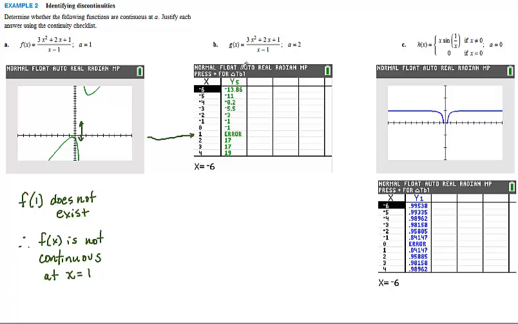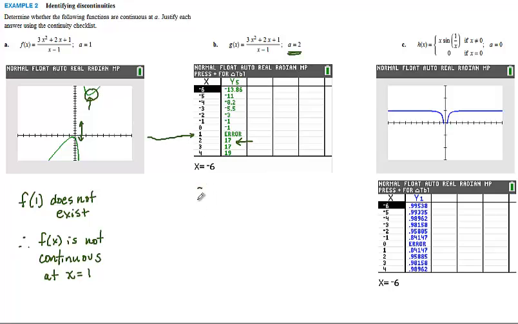B is the same function, but they want to know what's going on at x equal to 2. I see that at x equal to 2, it looks to be continuous, and I see that there is not a hole, and that f of 2 does exist, and the limit is definitely going to be that same function value.